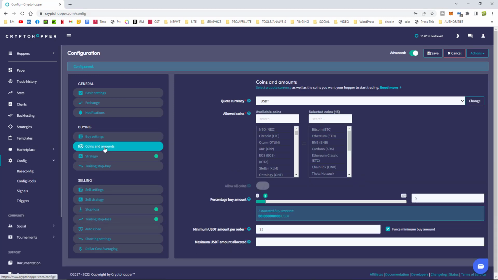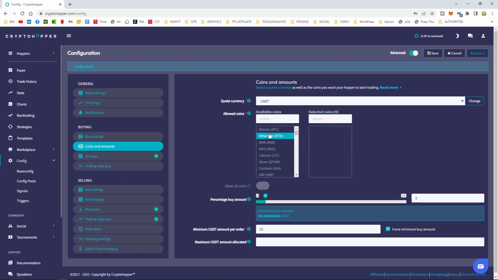Saved. Coins and amounts. Now, it doesn't matter what you choose in here, because it's just going to buy whatever Tradingview tells it to buy. So even if you chose these coins and you were using different ones on Tradingview, it's still going to buy them. In fact, you can even empty this out and it will still just do its thing.